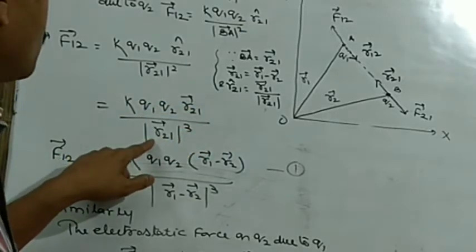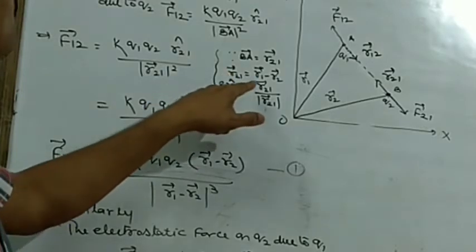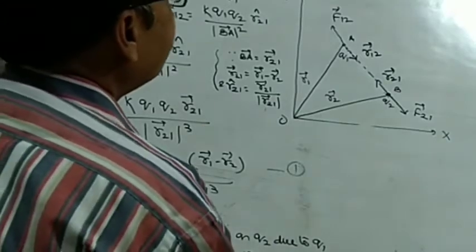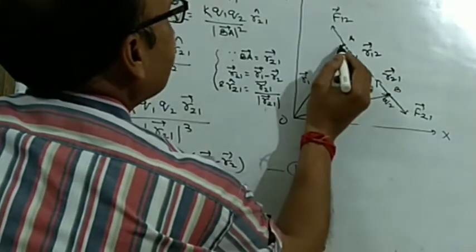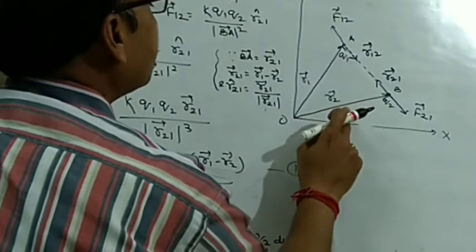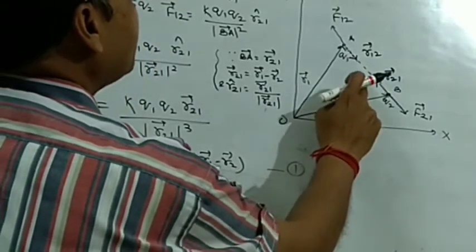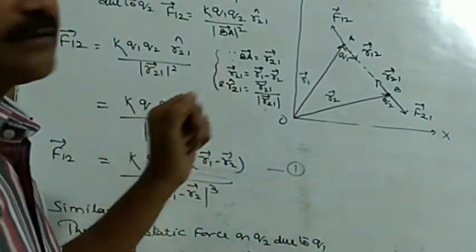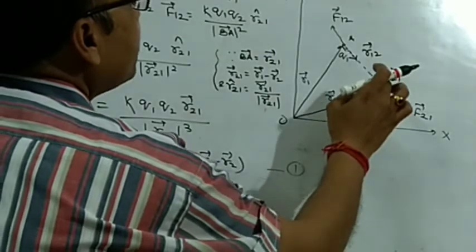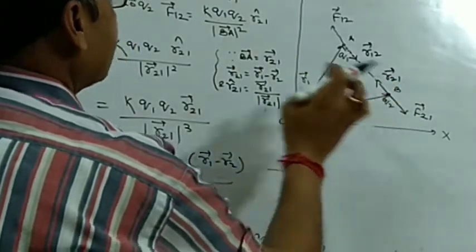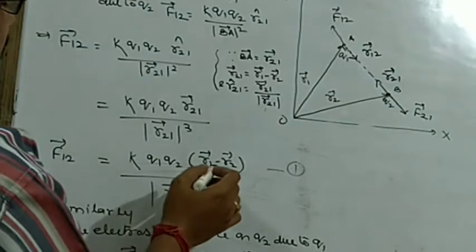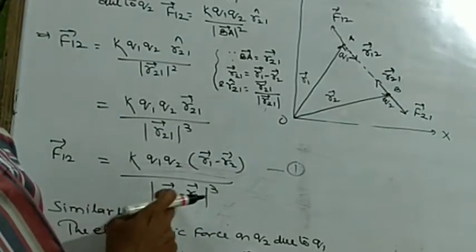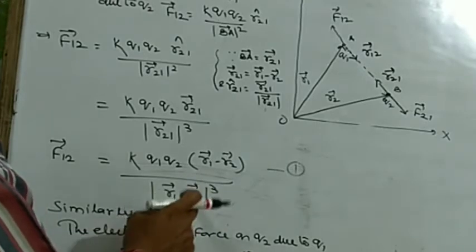We know the value of R21, because this is a triangle: this vector and this vector, so this vector plus this vector equals this vector, according to the triangular law of vector addition. It means this is equal to this minus this. So in place of this we can write R1 minus R2, and the whole cube of the magnitude of vector R1 minus vector R2.